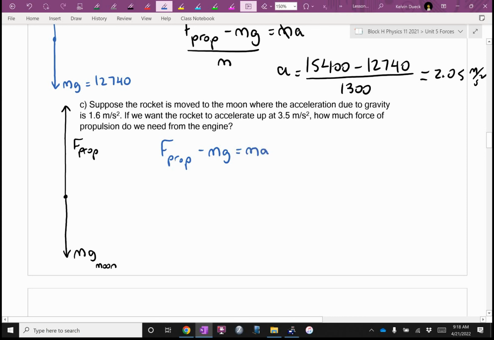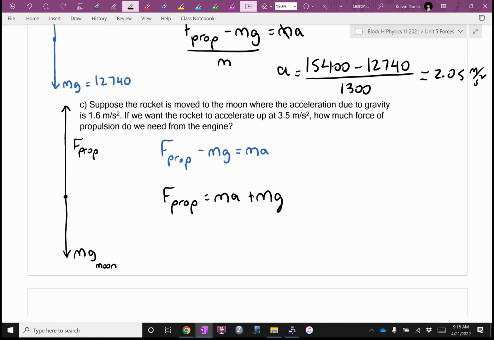What are we trying to get by itself? Sadie, how would I get the F prop by itself? Plus the mg over, right? Good. It's going to be ma plus mg. Basically, you'll almost always plus or minus or swappy dance. Those are the three options to get the thing by itself.